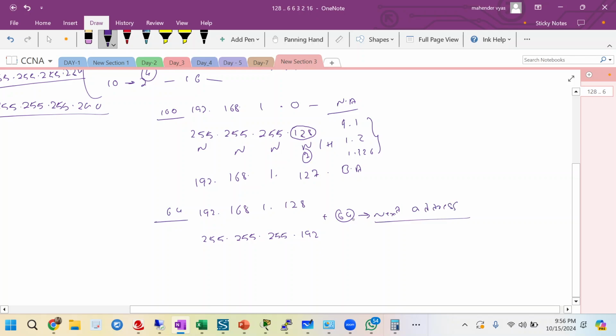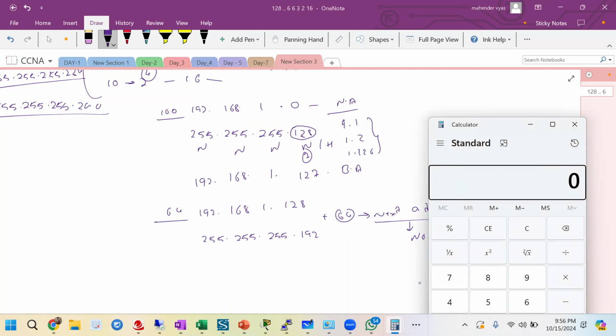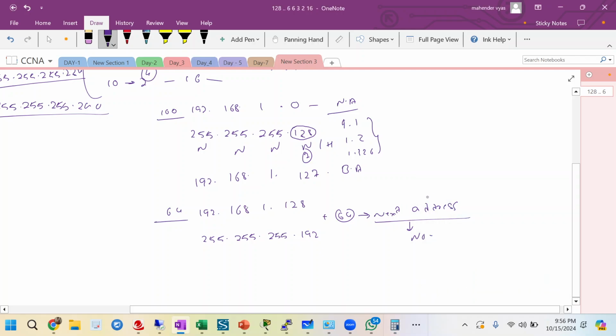Or I can use 128 plus 63, I will get 191. Or 128 plus 64, I will get 192. The next address would be starting from 192, here in the last octet. So before this I will get 191, right? This is my broadcast address for this particular subnet.